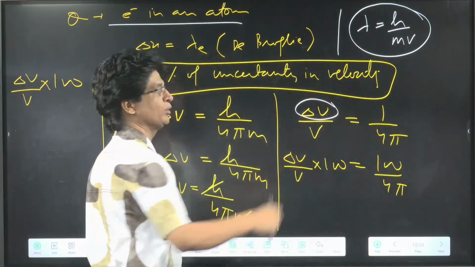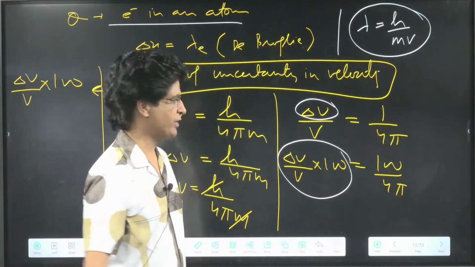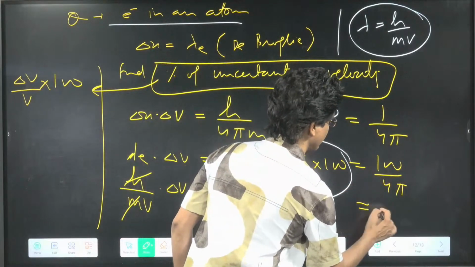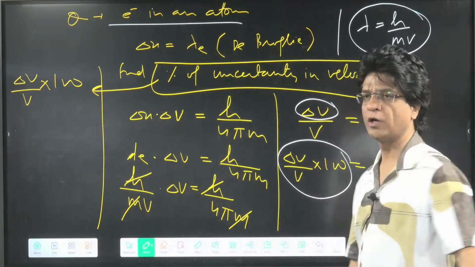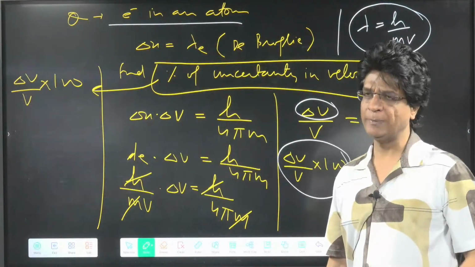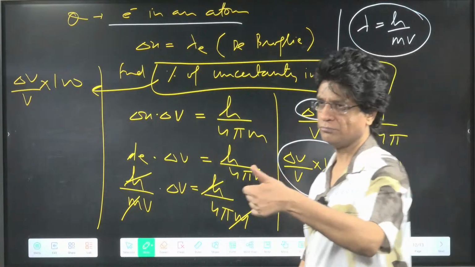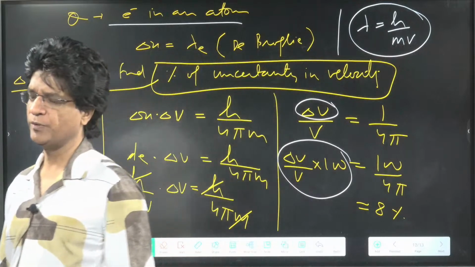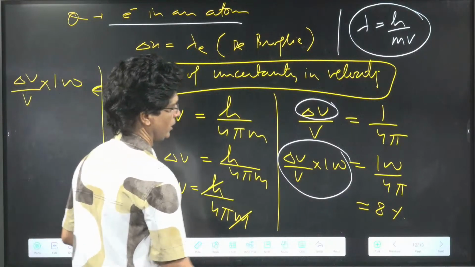This will become the percentage uncertainty in the velocity, and it will be approximately 8%, because 4 times 3.1 is almost 12.4, so 100 by 12.4 will be almost 8%. Very good. Marcus has given the correct answer.